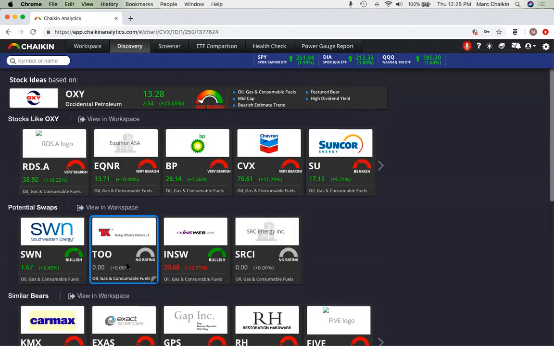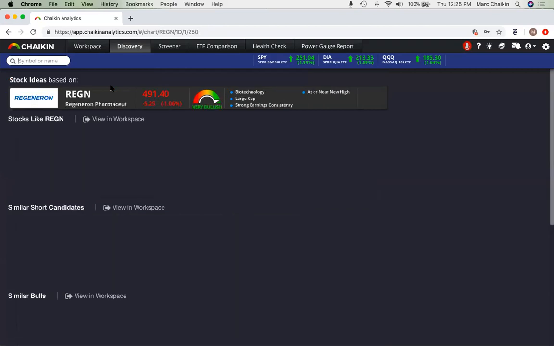So using a seed of a stock that was bearish, we're able to use the discovery engine to zero in on new ideas. Let's take a stock that has a bullish power gauge rating. Right now, Regeneron. It's a biotech stock that's working on a treatment for the coronavirus.